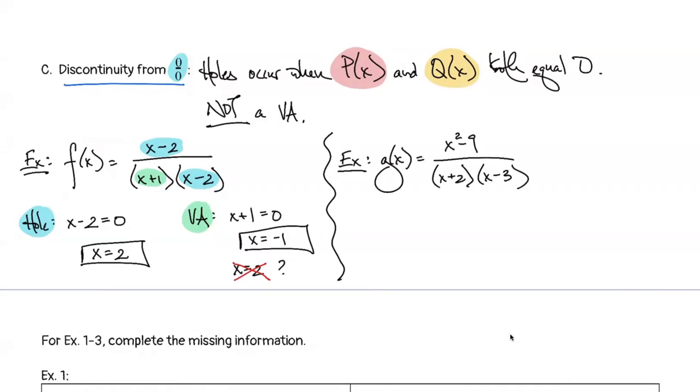Okay, so this right here is an example of one way that I could make the problem a little bit more challenging. The reason it's more challenging is because I did the work in the denominator, right? It's already factored.